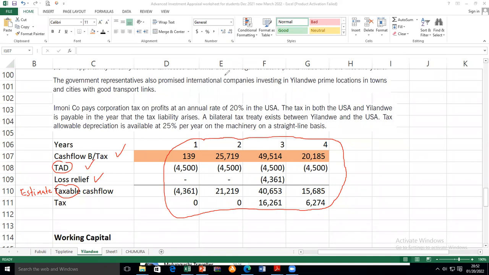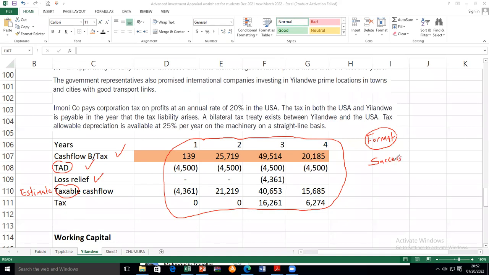Are there any questions on this format? Yes, please. I wanted to find out. I've seen in year 1 there's been a loss. Yes.